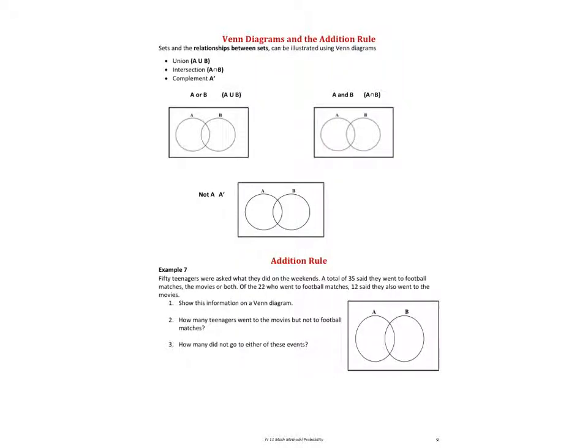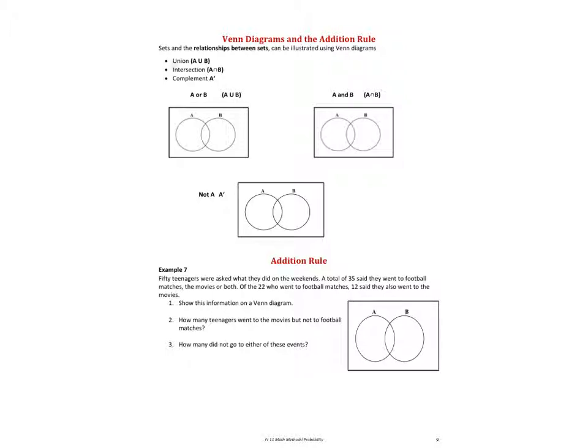I guess another tool for representing the relationships between different outcomes is to use what we call Venn diagrams. A Venn diagram is really a way in which we can represent a set of numbers. We've got a few key terms here.